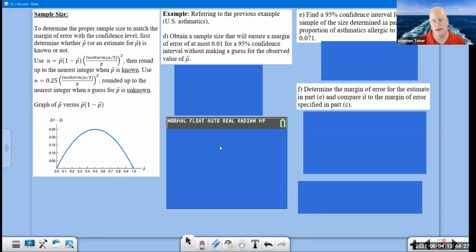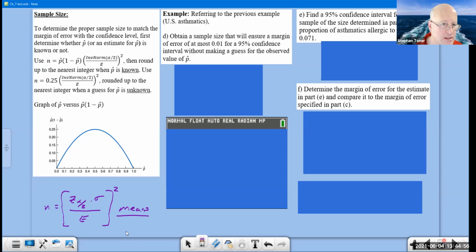Now we have a couple sample size formulas that we can use similar to what we used earlier. And if you go back into the other formula, we had N equals Z of alpha over 2 times sigma divided by E, and we went quantity squared. That was the sample size formula when we were dealing with an interval involving means. Now we're dealing with proportions, and we have 2 different formulas there.